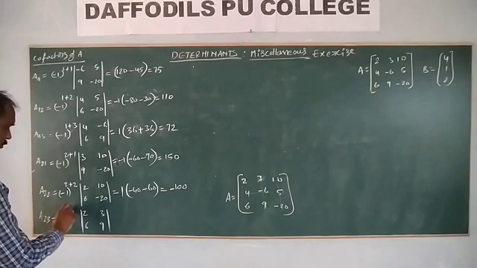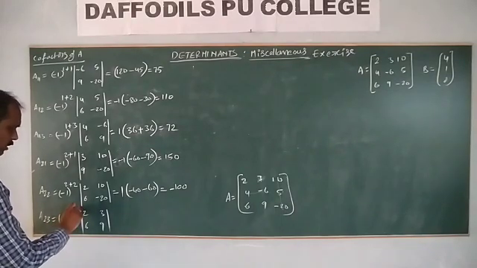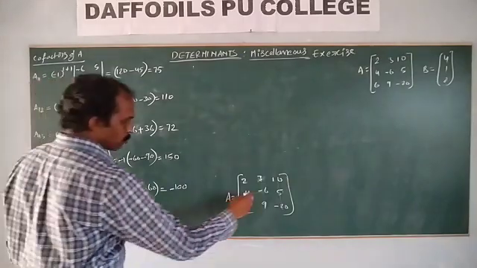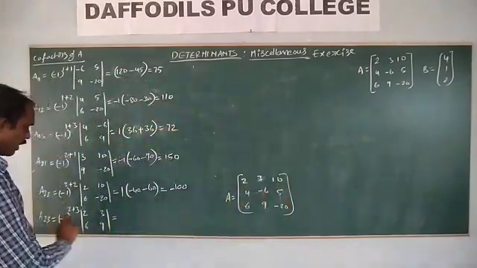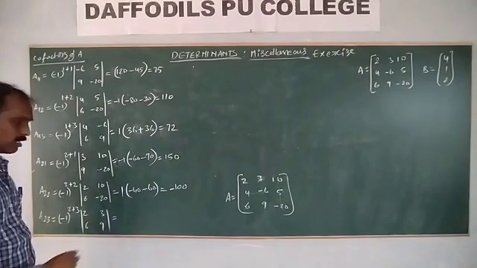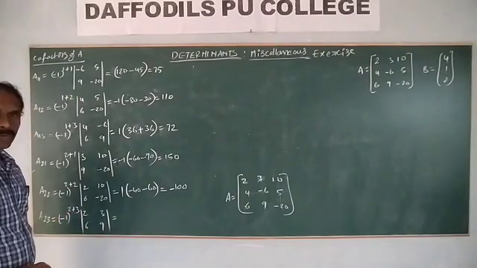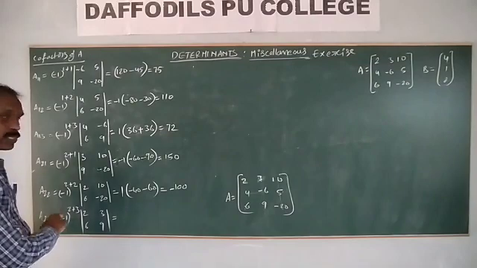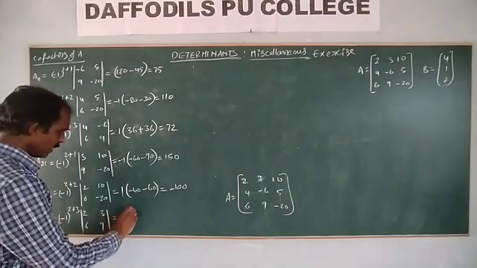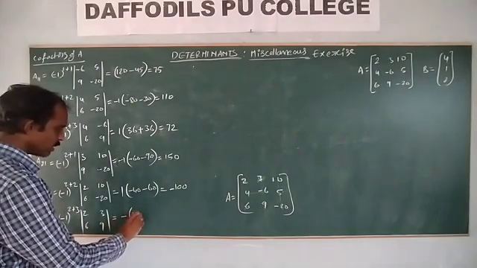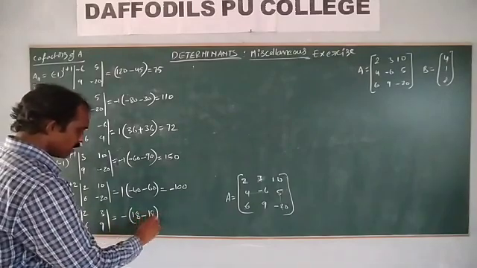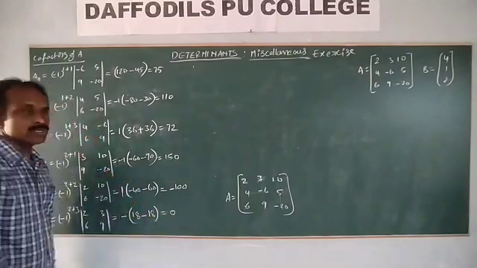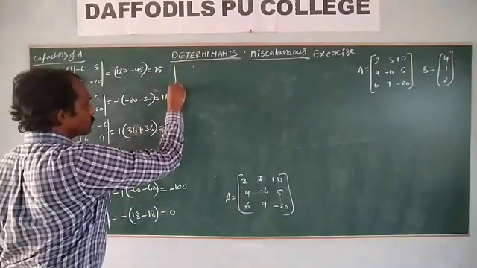Minus 1 to the power of 2 plus 3, 2 plus 3 is 5, an odd number, so minus 1 to the power of odd number is minus. 2 nines are 18, 6 threes are 18. This value is equal to 0.